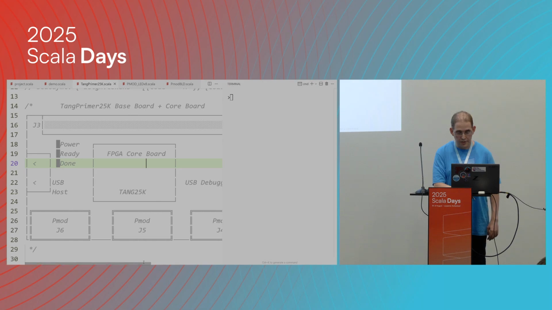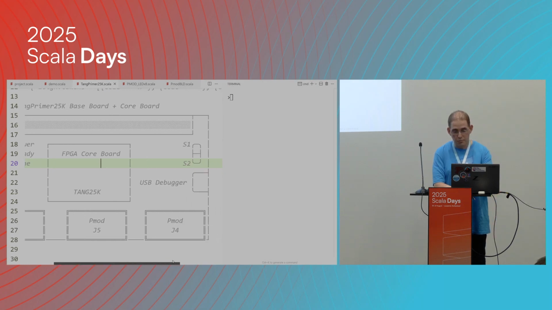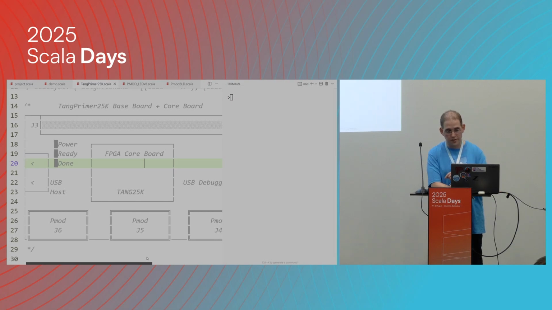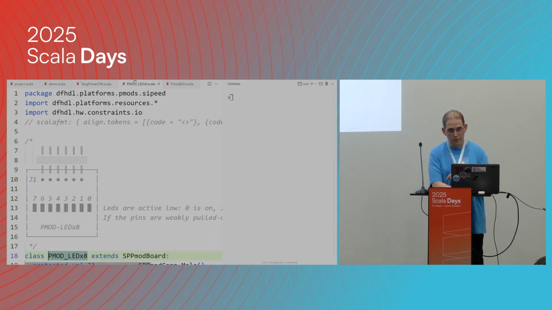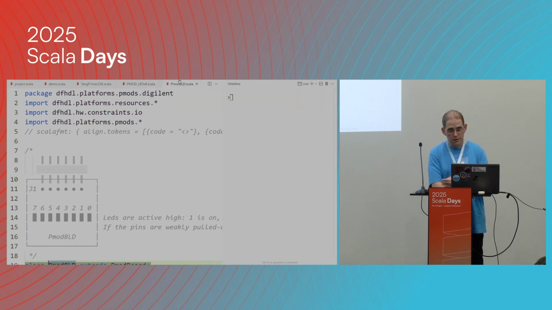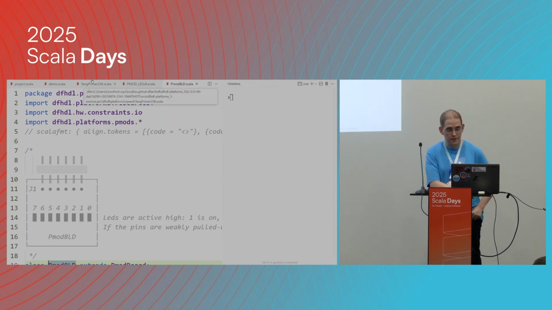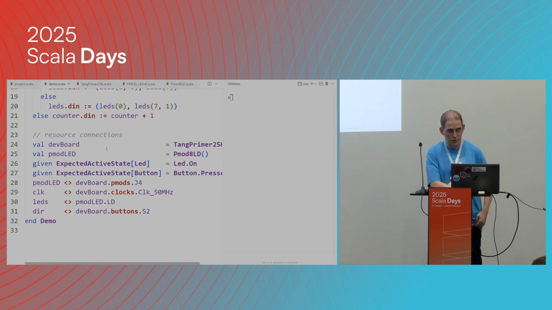So I'm connected with, in PMOD J4, it's a standard connector for the board, and PMOD J6 with different boards. Both of them have 8 LEDs. And actually they are from different vendors, so they have different ordering internally, but I made them so that they are easy to connect to.